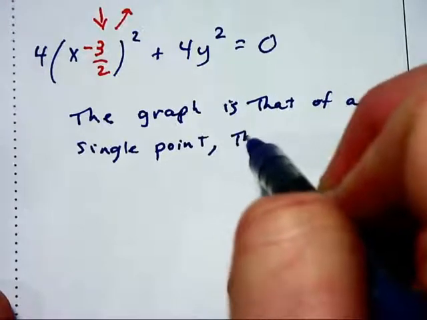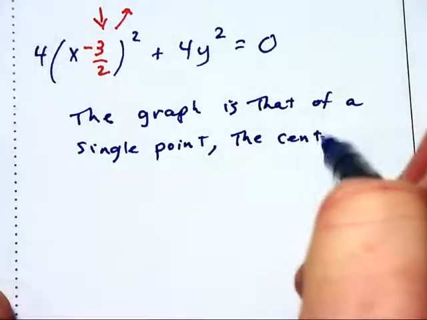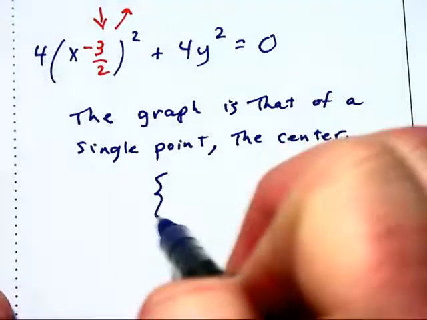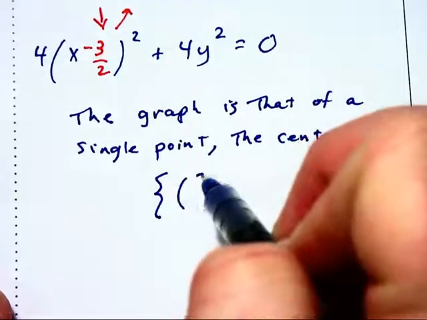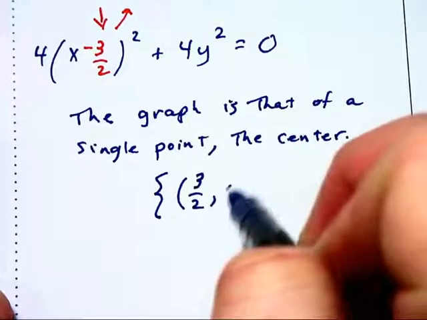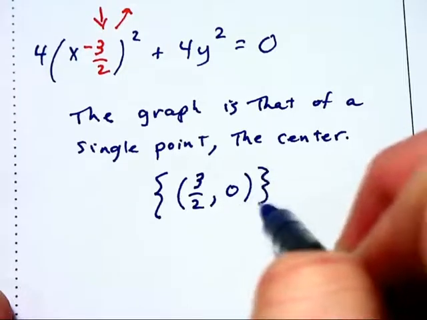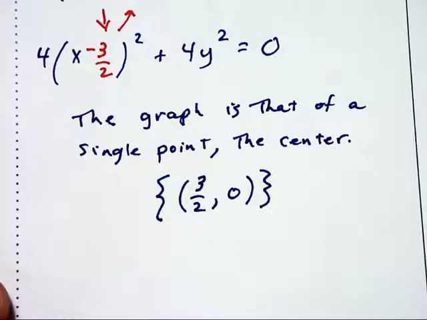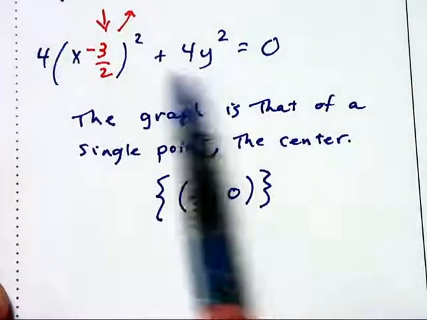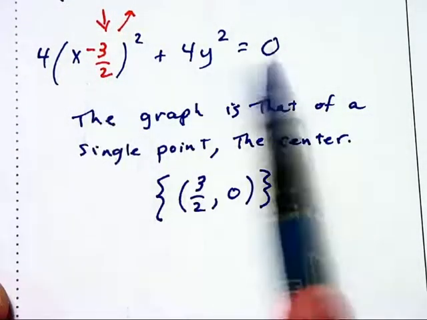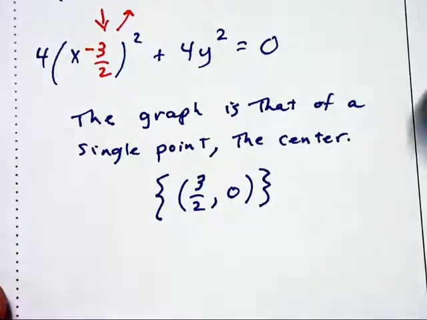If we were to write this as a solution set, that would be the point 3 halves, comma 0 as the point that works in or satisfies the equation. If you substitute the 3 halves and 0 in, you will notice that the equation becomes 0 equals 0.